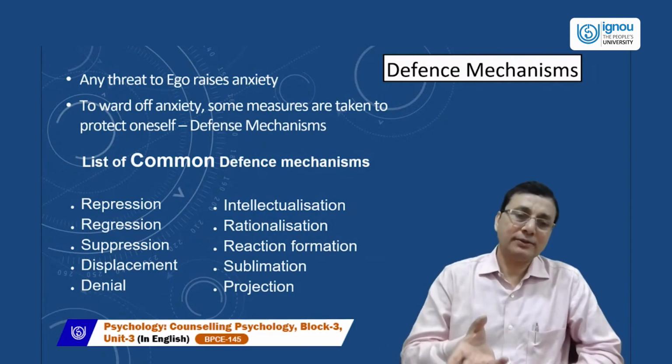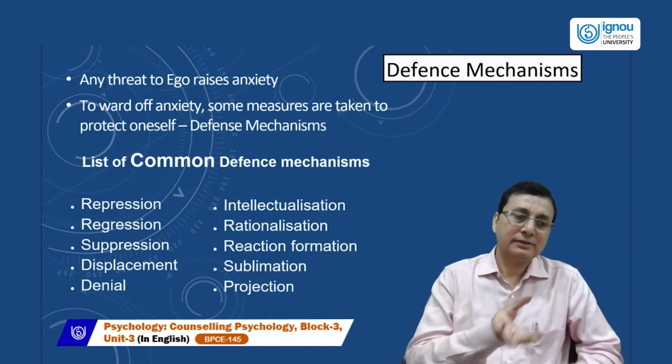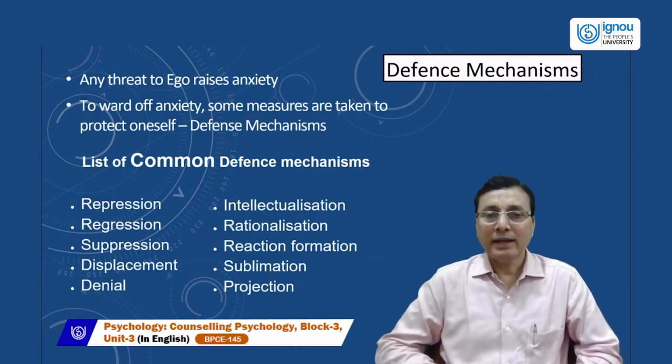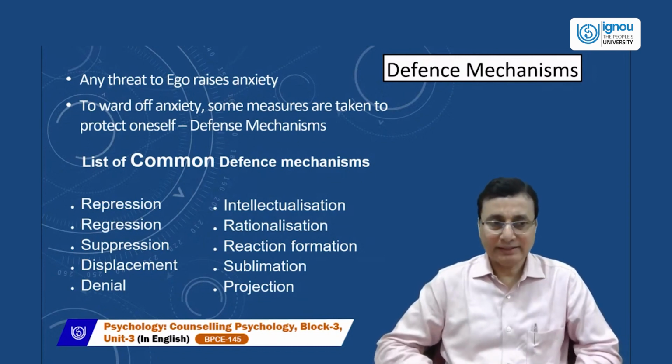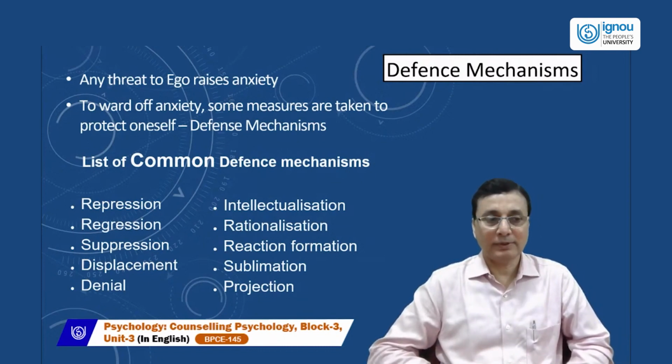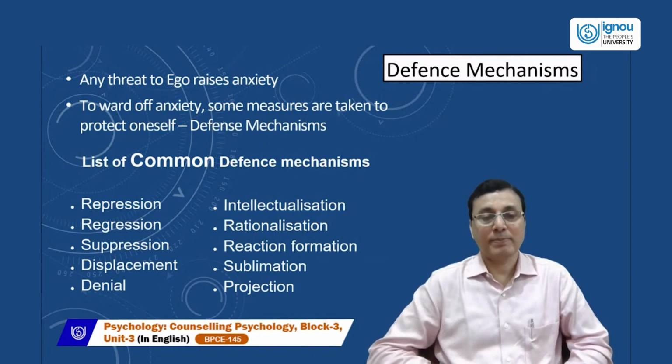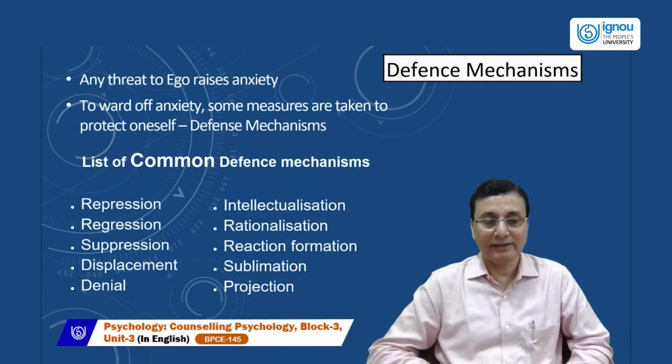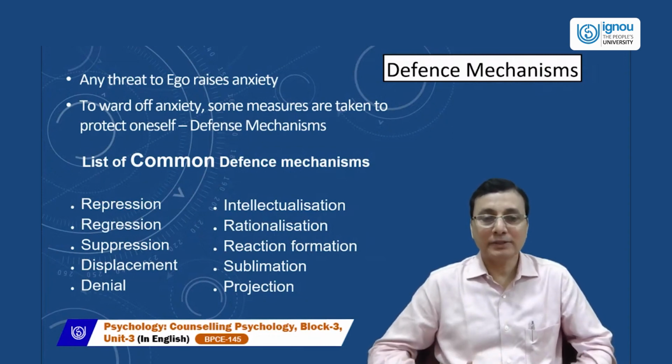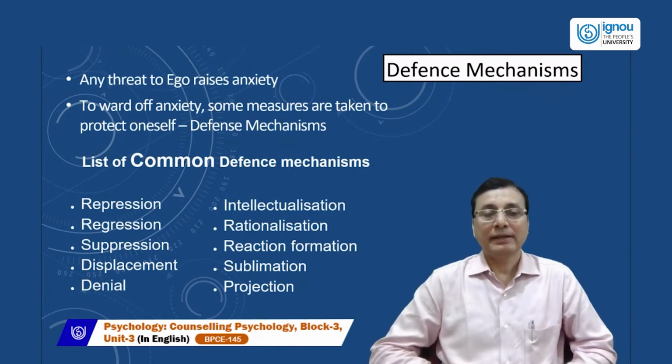You are displacing your emotion from one person to another person. Denial means you are not accepting that there is any problem or any such desires. Why? Because you are not aware. So you basically deny. It happens in a crisis also. We do not accept, we deny, and we are not aware that we are denying it.